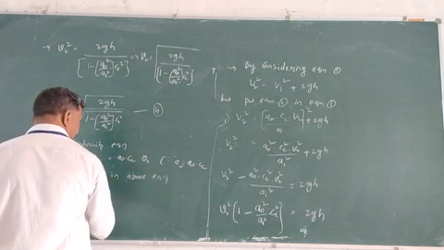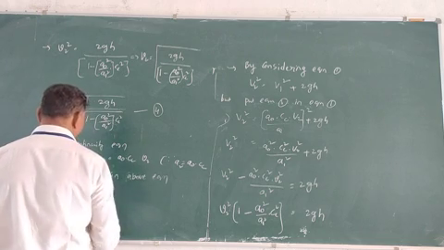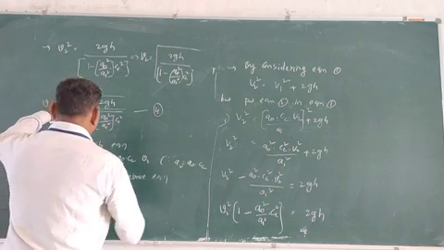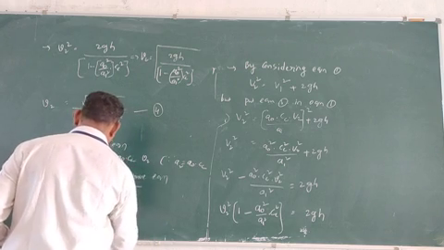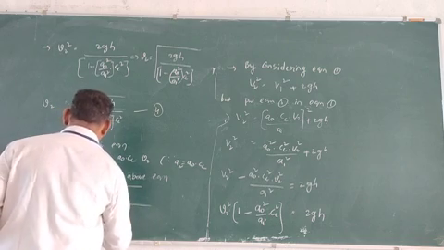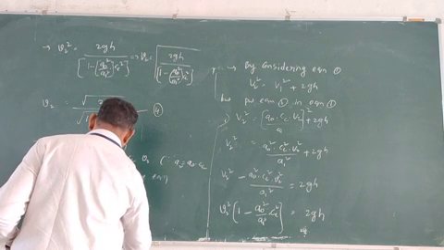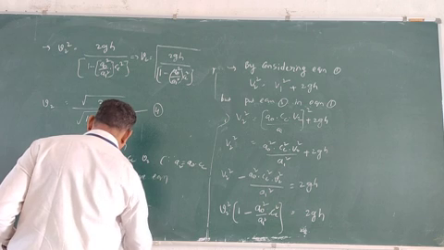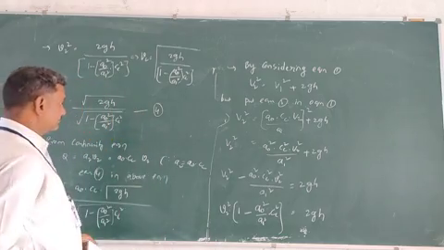A naught CC into V2. What is the expression? Square root of 2gH divided by square root of 1 minus A naught square by A1 square into CC square.